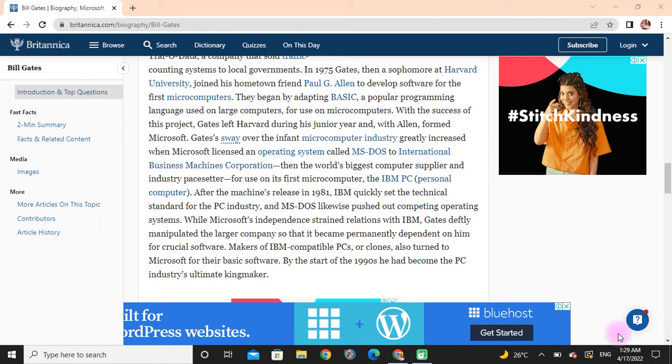Gates maneuvered the large company so that it became permanently dependent on him. Software makers for IBM PCs or clones also turned to Microsoft for their basic software, and by the start of the 1990s it had become the PC industry's ultimate kingmaker.